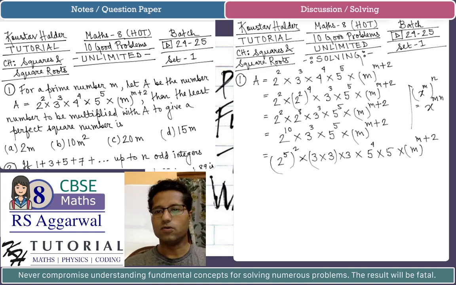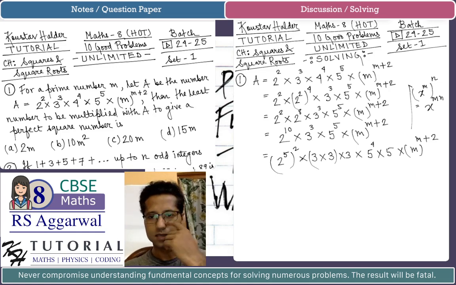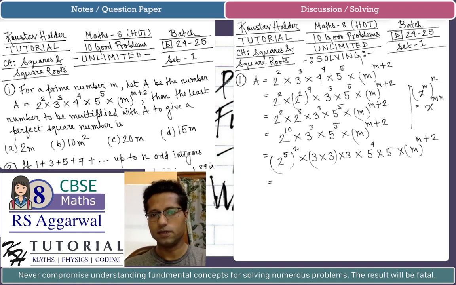It is just that you have to manipulate the powers and create factors such that you can easily understand which are the factors which cannot be part of any pair. Now 2 to the power 5 whole square is already a square of some number.